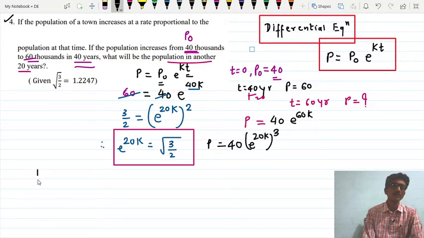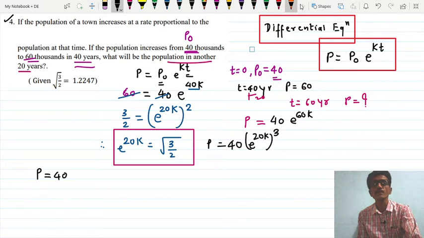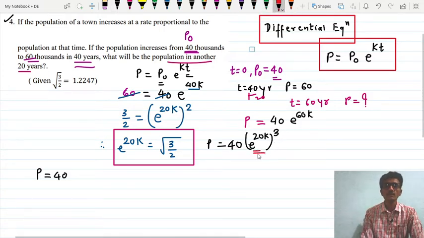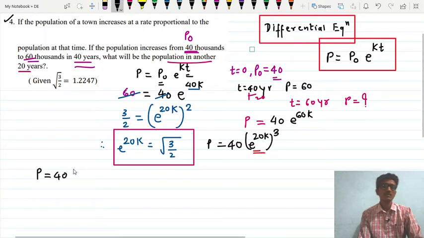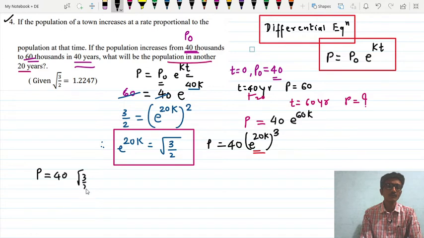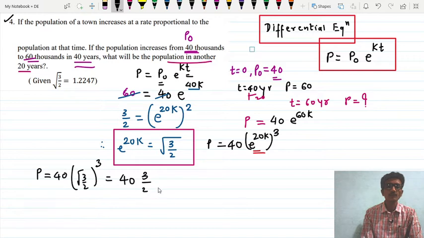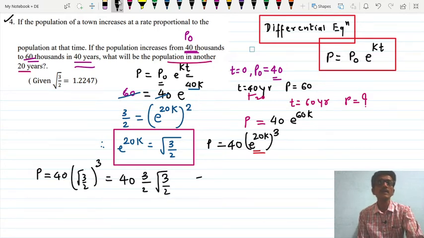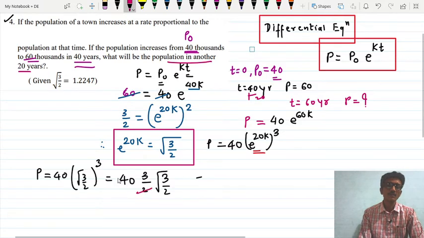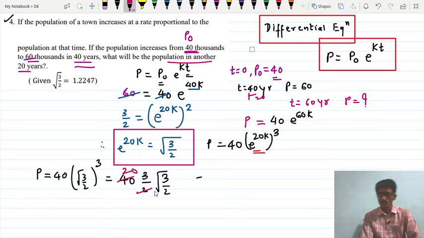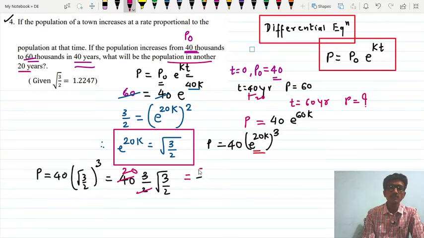Therefore population P is equal to 40,000 into root 3 by 2 whole raised to power 3, which is 40,000 into 3 by 2 times root 3 by 2. Now the 2s cancel, and it will be equal to 60,000 into root 3 by 2.